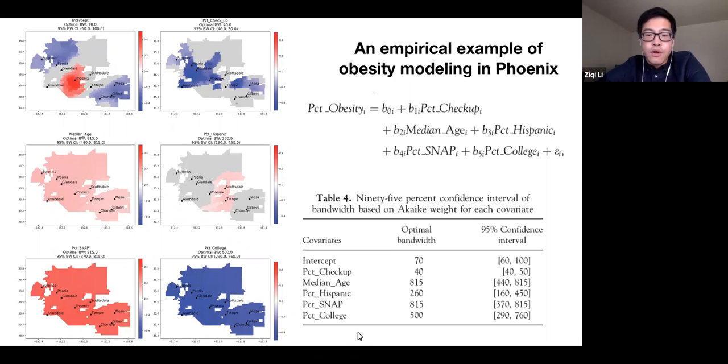This means that the processes or relationships associated with either the intercept or the percentage of checkups operate at a much more localized level, and are significantly localized compared with the rest of the variables here, because their confidence intervals are not overlapping. From the map, we can also see that the intercept and the checkup have very strong heterogeneity, while the rest of the parameter estimates don't show a strong amount of heterogeneity.